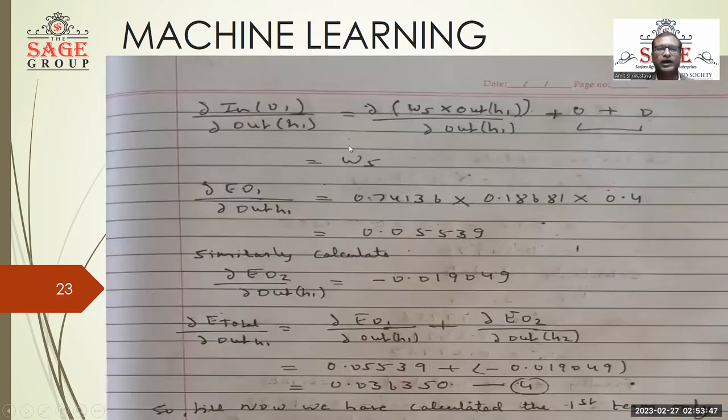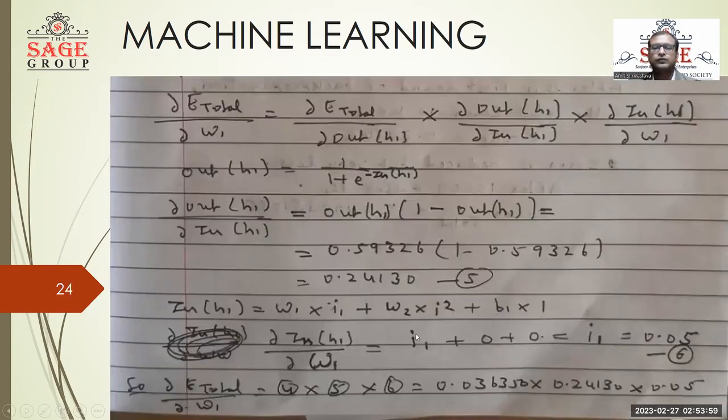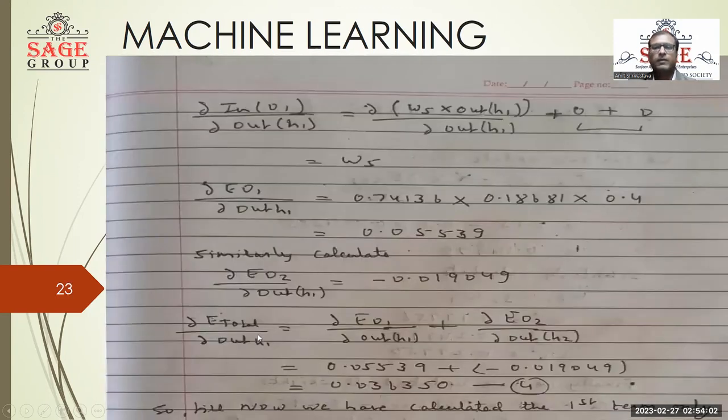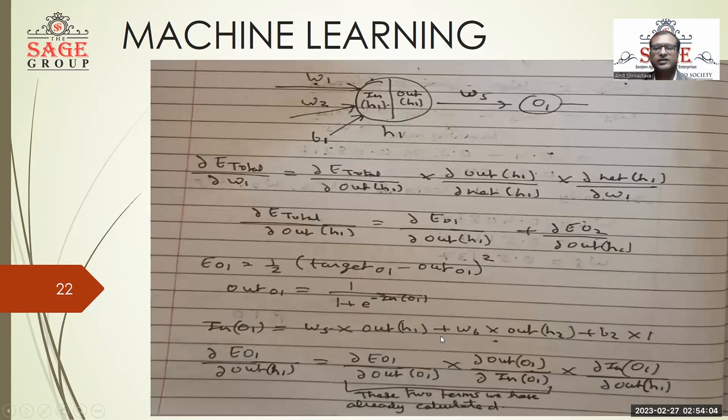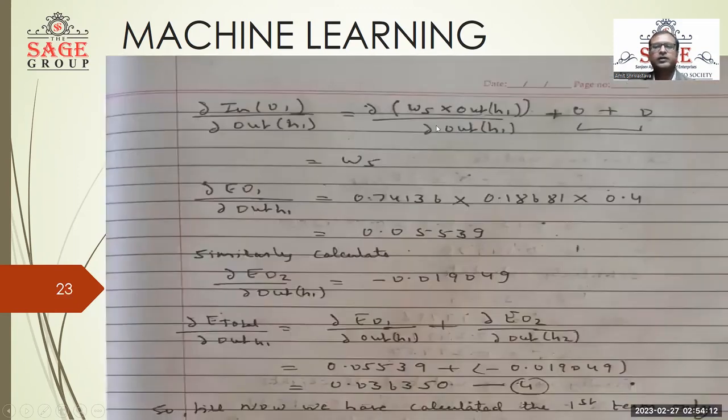So del in O1 upon del out H1. In O1 is this. So when I partially derivate this with out H1, then the output of this term will be W5 only.